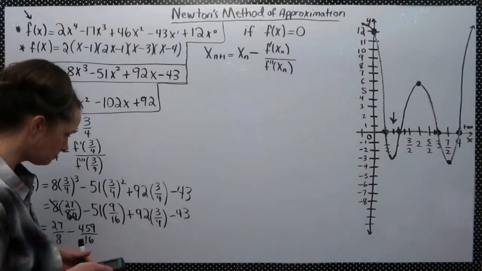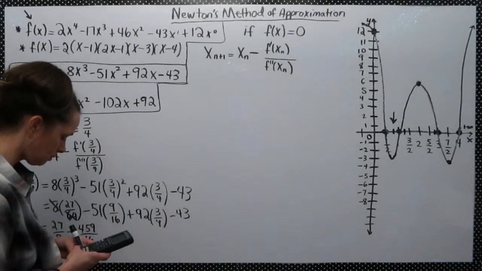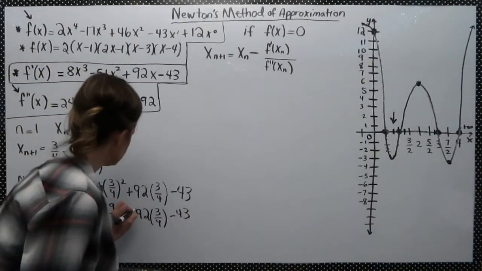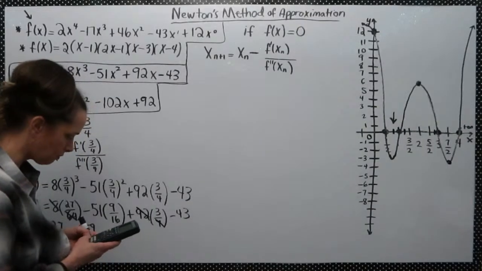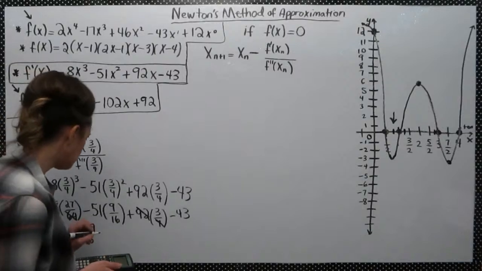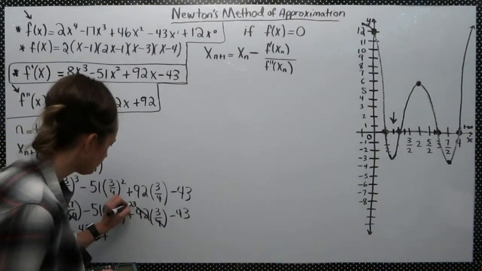And 92 times 3, let's see. We'll go ahead and reduce it. It can reduce, so we'll do that. 92 divided by 4 was 23. So that's going to be plus 23 times 3.